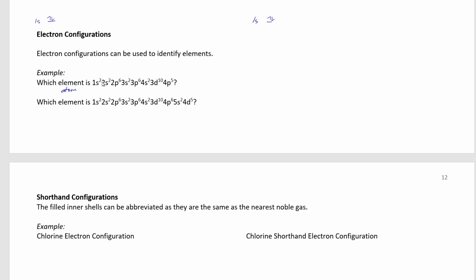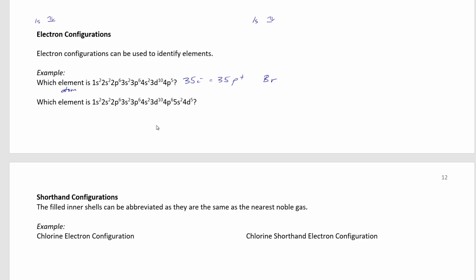Well, let's count up the total number of electrons. 2, 4, 10, 12, 18, 20, 30, 35 electrons. So this has 35 electrons. And if it's an atom, that means that it has 35 protons. And what element has 35 protons? Well, that is bromine.